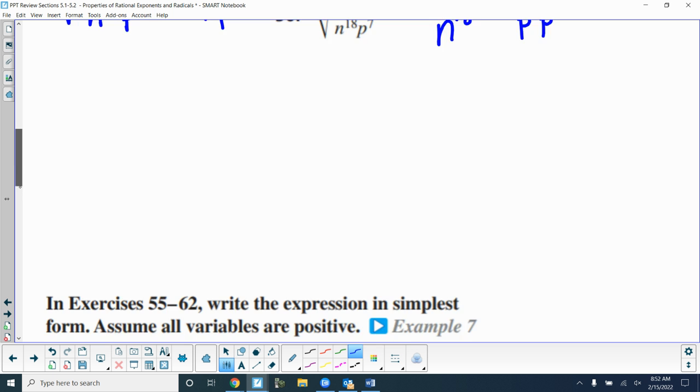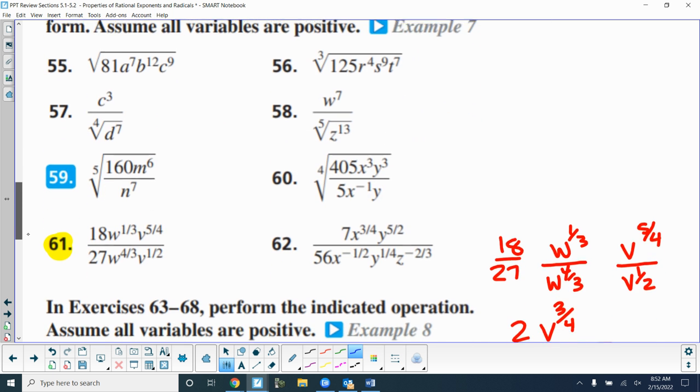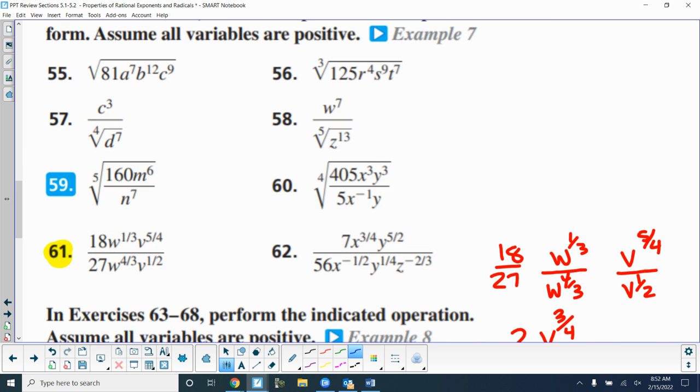Okay. 56 is 5r s to the third t to the second times the cube root of rt.